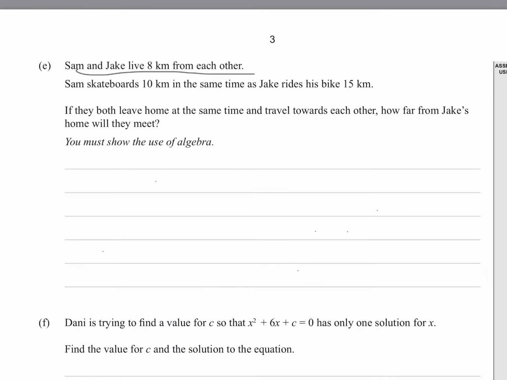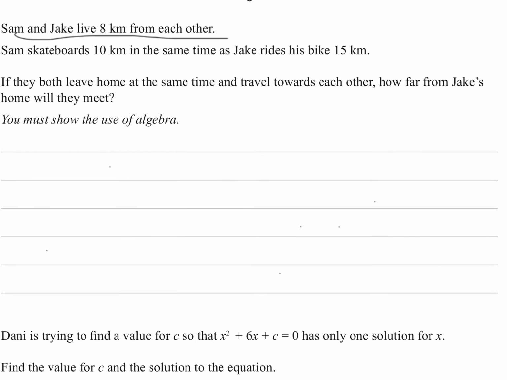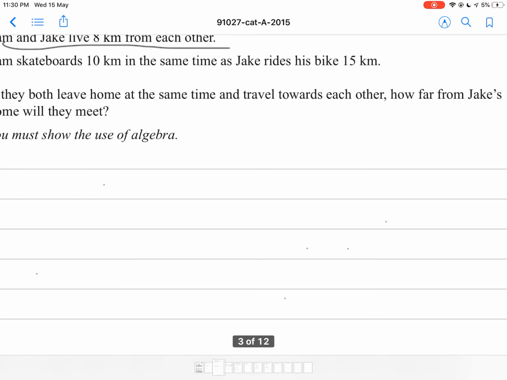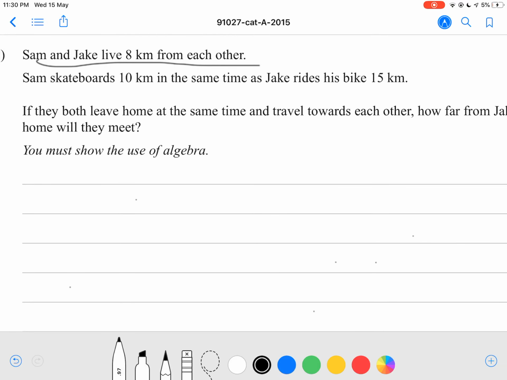Sam and Jake live 8 kilometers from each other. Sam skateboards 10 kilometers and at the same time Jake rides his bike 15 kilometers. If they both leave home at the same time and travel towards each other, how far from Jake's home will they meet? Basically, the total distance they travel is 8 kilometers. So Sam's distance plus Jake's distance equals 8 kilometers.